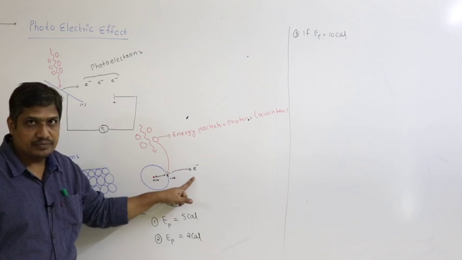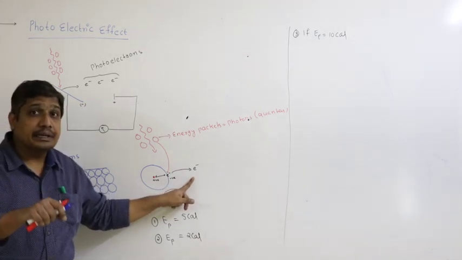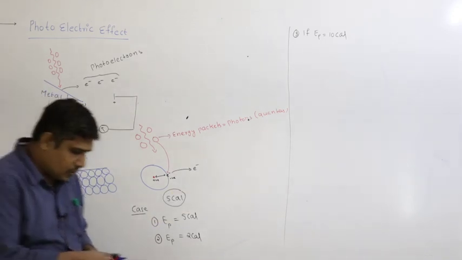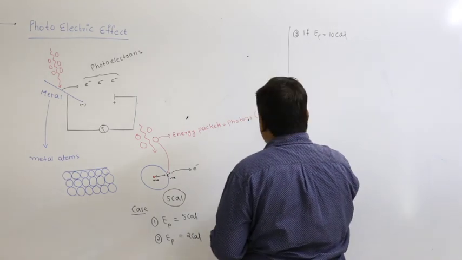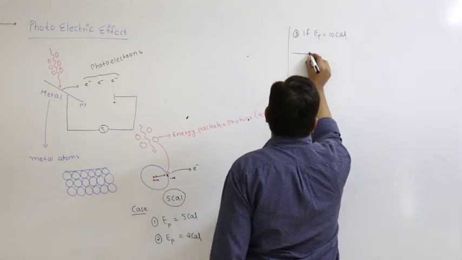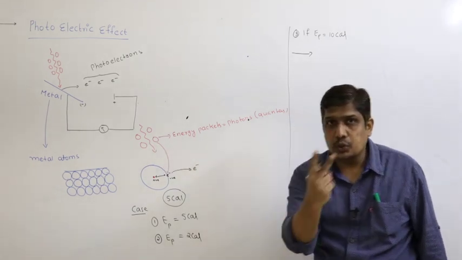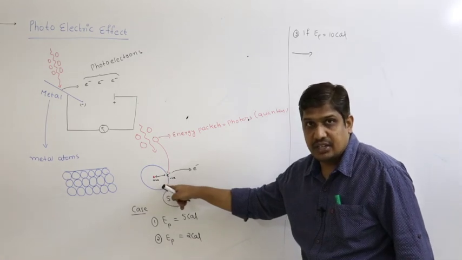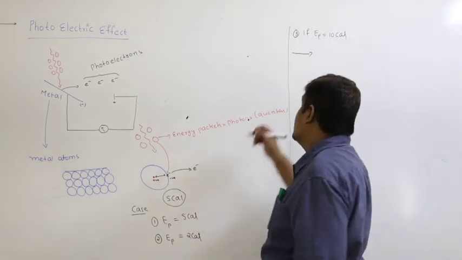It will come out. Still it possesses 5 calories. That 5 calories will be used to increase its kinetic energy. So if you understand carefully, the energy of the photon is used in 2 ways. One, to overcome the nuclear attraction. Second, to increase its kinetic energy.